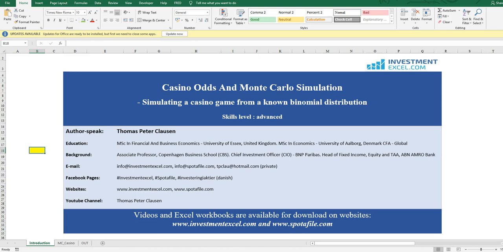Please note that we will not look at a general casino business model where other cost factors are included, like staff, buildings, advertising, and so on.